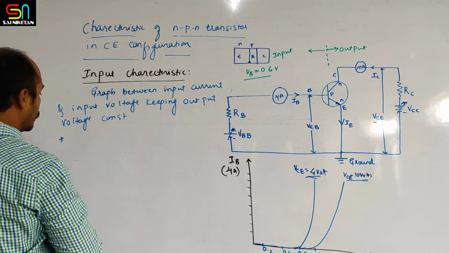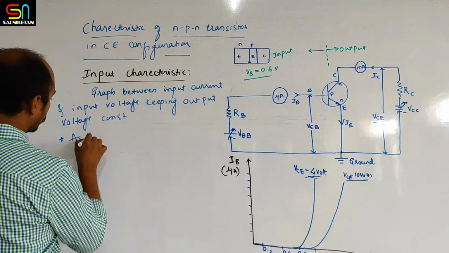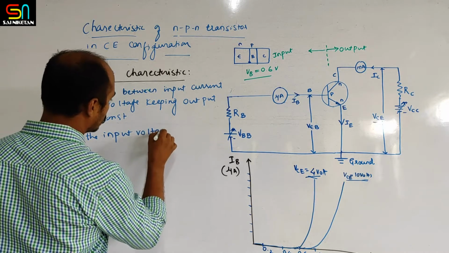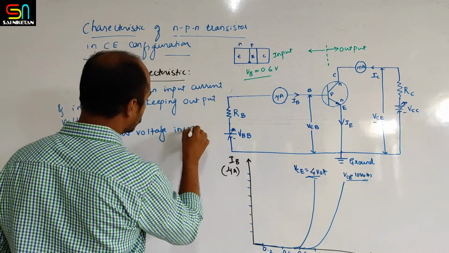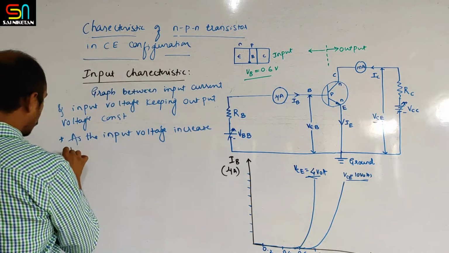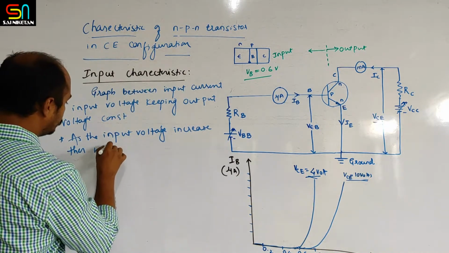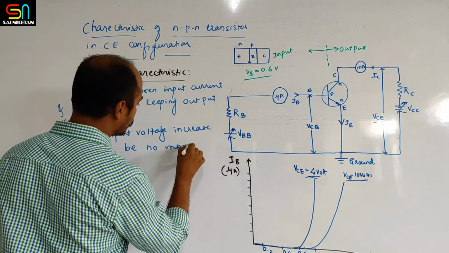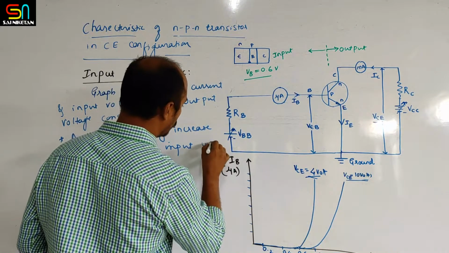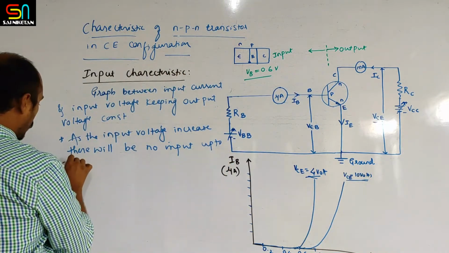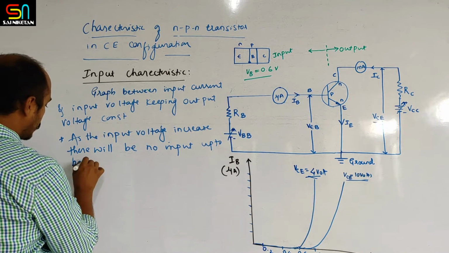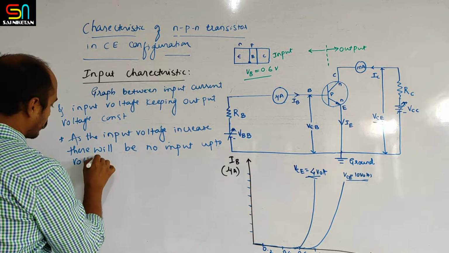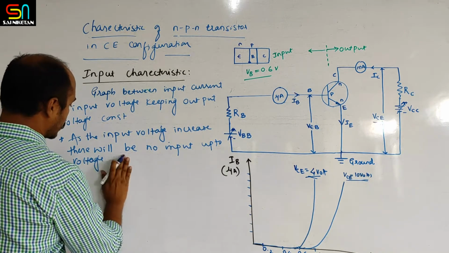Certain points you have to remember: as the input voltage increases, there will be no input current up to the potential barrier, or I am writing, voltage barrier.